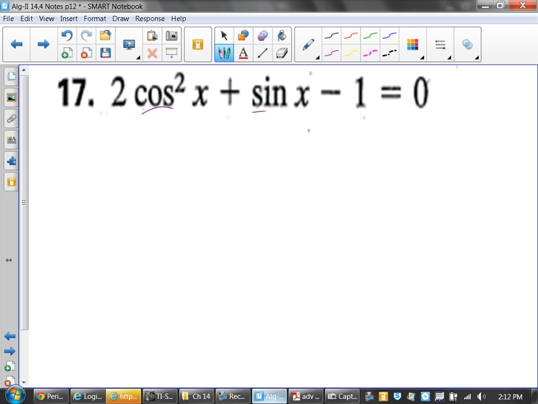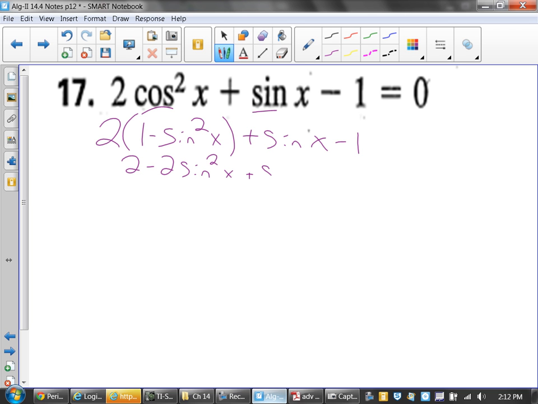Remember, whenever you have cosine squared and then a regular sine value, always write it in terms of the lesser degree, because you're using the Pythagorean identity here. Two minus 1 is 1.